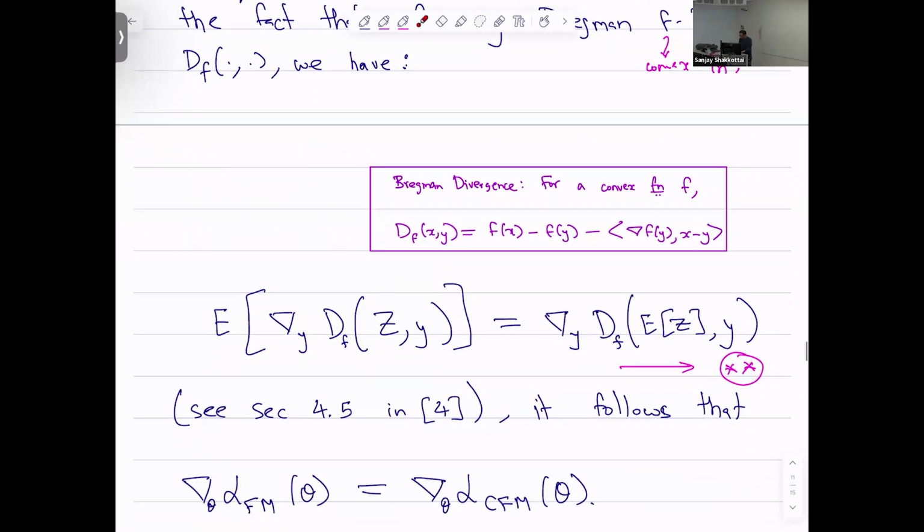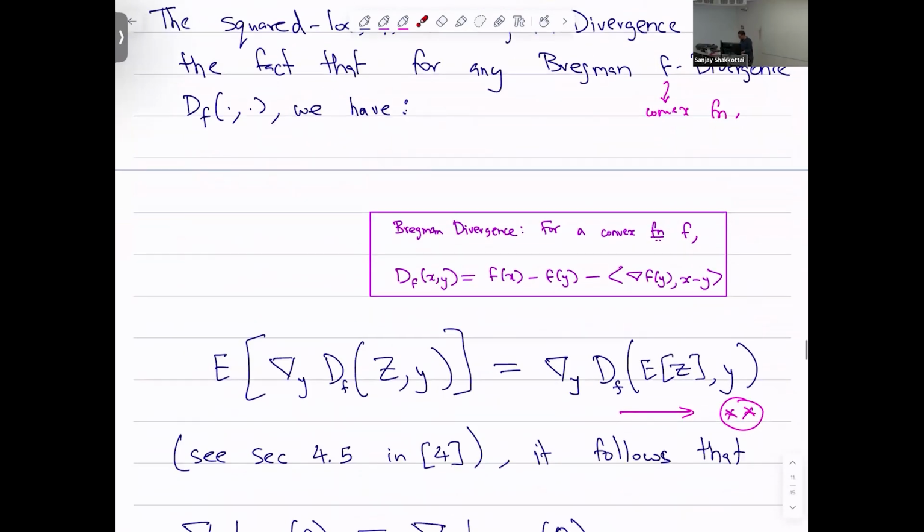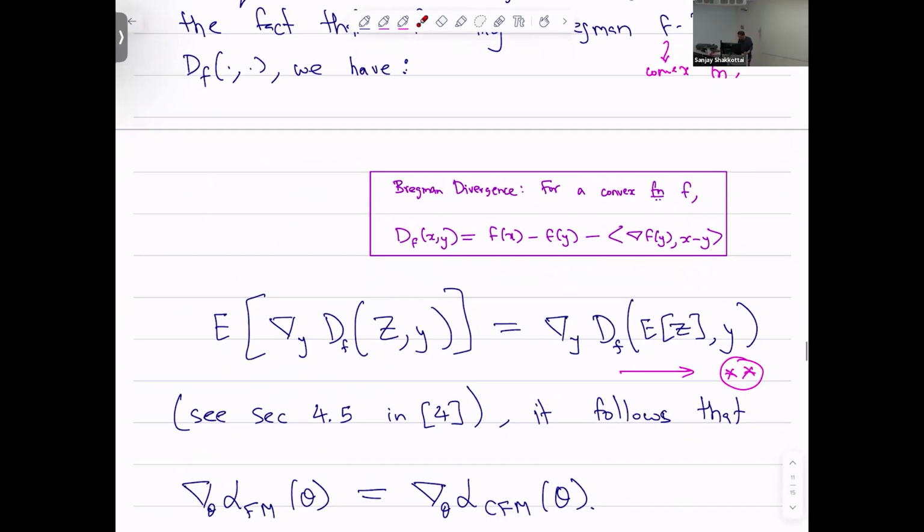All right. The only thing we need is the following: for a Bregman divergence, including the square loss, the expected value of the gradient with respect to the second parameter of the divergence is equal to the gradient of the expected value. Of course, these two can exchange, that is linearity, but this goes all the way in.